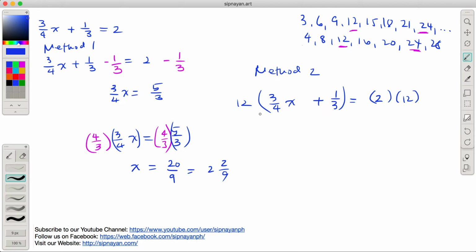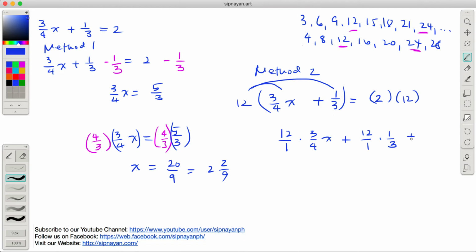So, pag nag-multiply tayo ng fraction saka whole number, naalala nyo na. So, 12 over 1. Pag whole number, pwede tayo maglagay ng over 1 pag we are dealing with fractions. So, times 3/4 x. This is by distributive property. Ni-distribute natin yung 12. And then we have a plus here. And then 12 over 1 times 1/3.